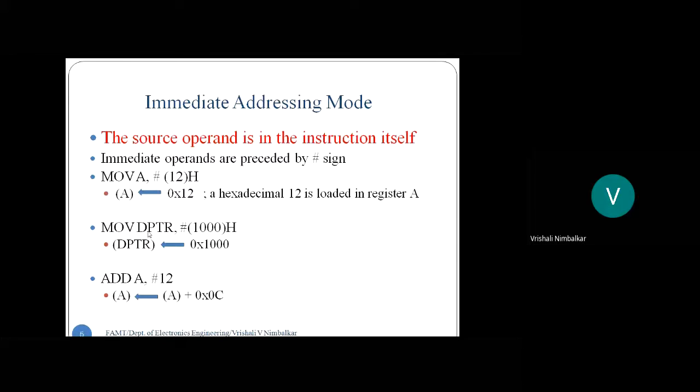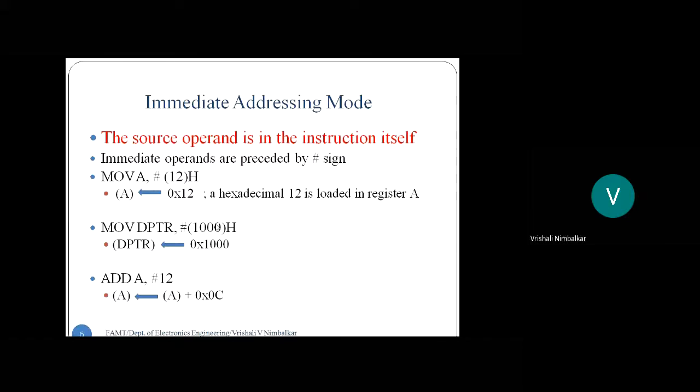In your first example, the data was 8-bit and the register was also 8-bit. In the second example, the register is 16-bit, hence the data given should also be 16-bit. Hash means the operand is in the instruction itself.